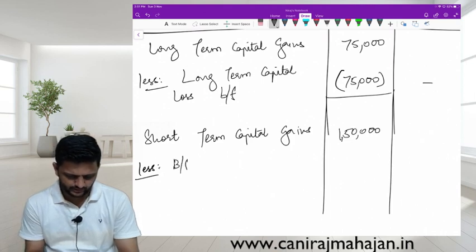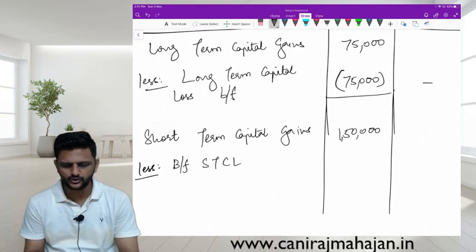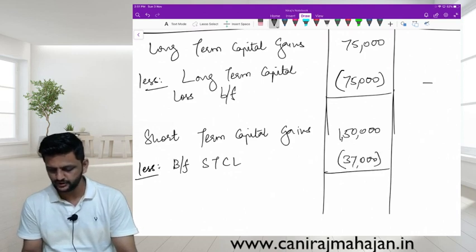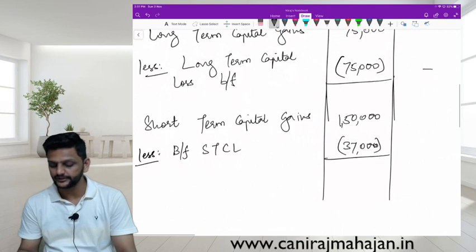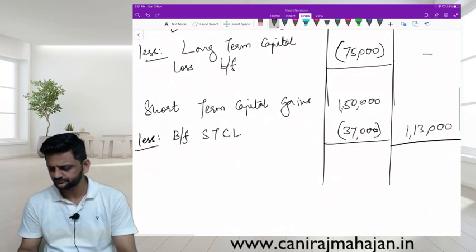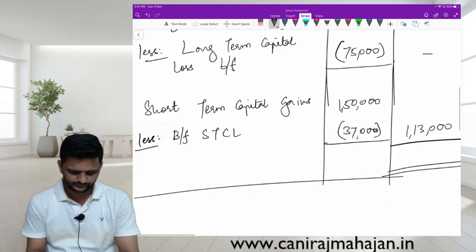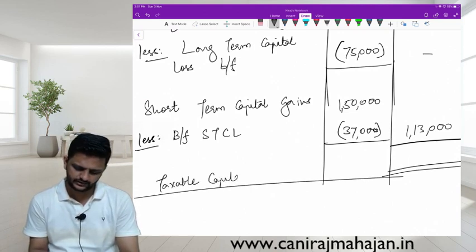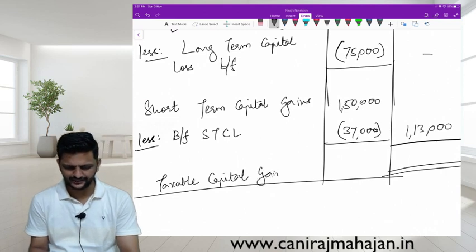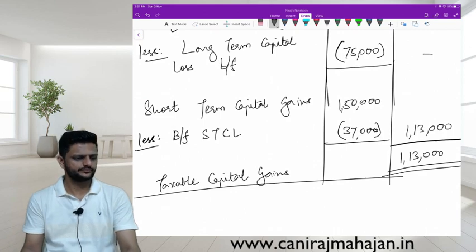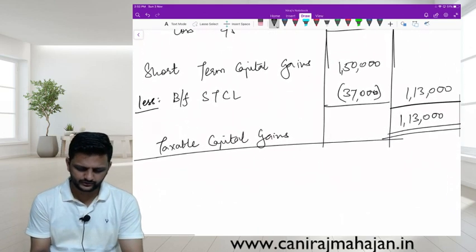Brought forward short term capital loss of 37,000. So 1,50,000 less 37,000, how much? 1,13,000. That is the only income. Taxable capital gains 1,13,000.